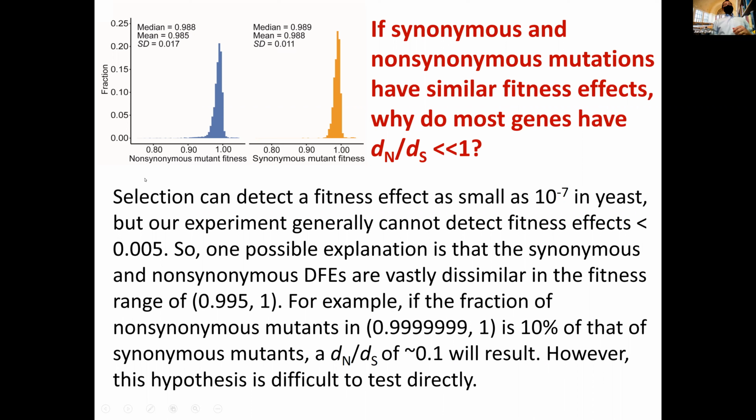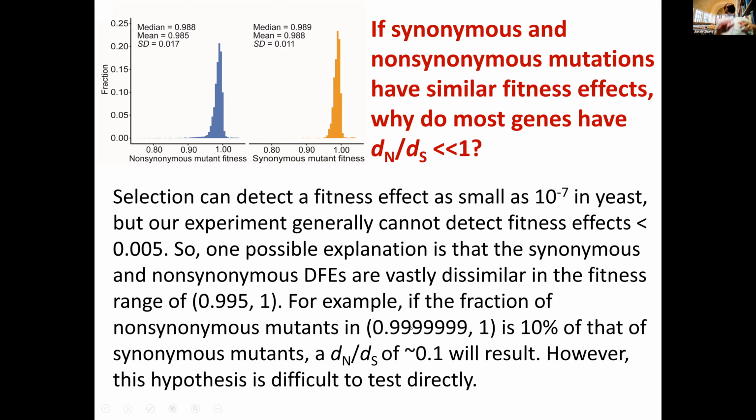So although the distribution looks very similar at this level, we actually don't know the distribution in this range, for example from 0.995 to 1, where our experimental method has no power to measure. We don't know whether they are the same between the two.